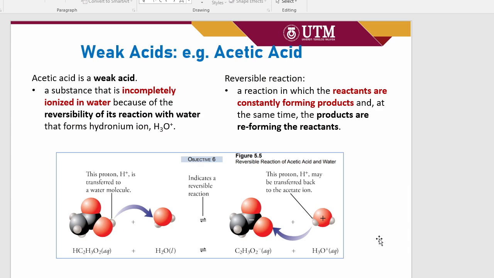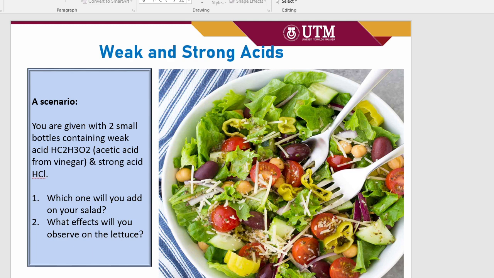So in the solution, we know what acids and bases are. In both acids and bases, we have strong and weak ones. For example, strong acids such as hydrochloric acid, and weak acids such as acetic acid.